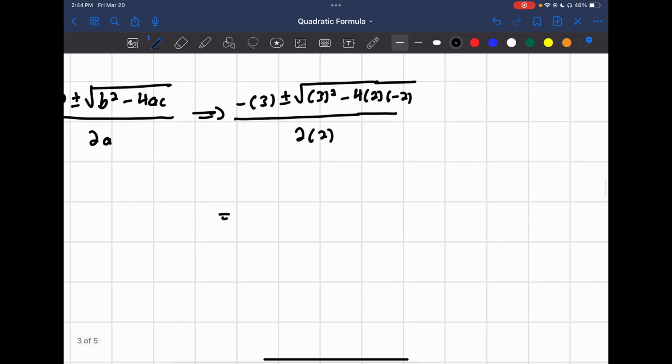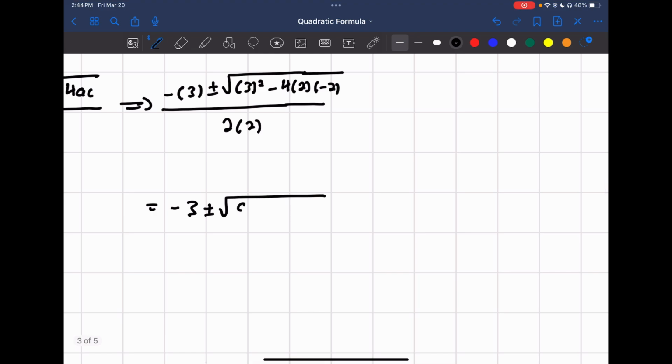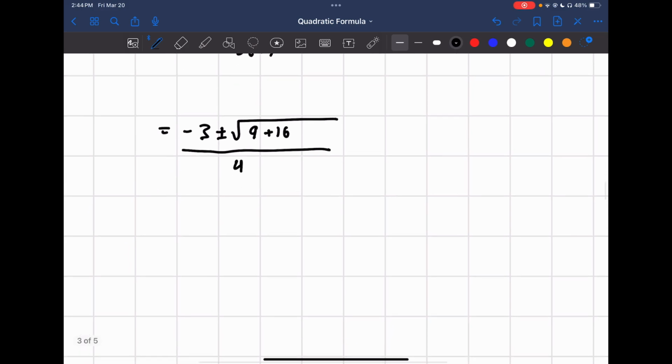So we do minus 3 plus or minus the square root of 3 to the power of 2 is 9, minus 4 times 2 times minus 2 is equal to positive 16, over 2 times 2 is equal to 4.